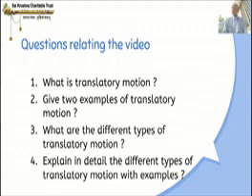Third question is, what are the different types of translatory motion? Fourth question is, explain in detail the different types of translatory motion with examples. You have to quote examples here in the fourth question of both of the translatory motion, right?